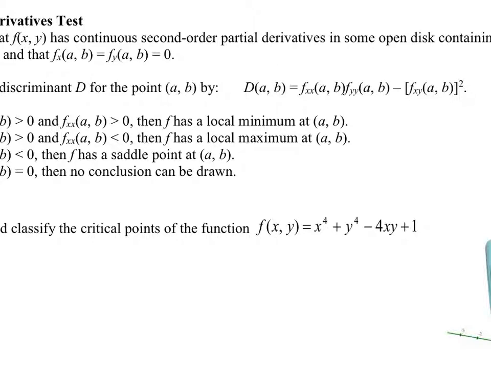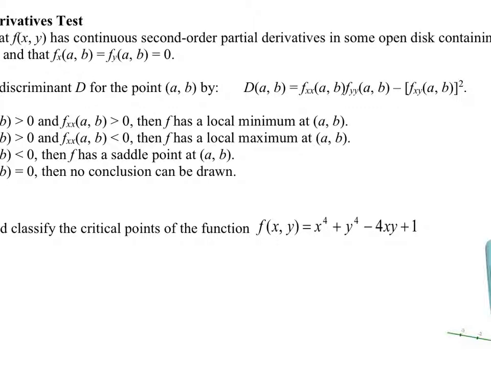Once we get that value, it's kind of like discriminant sort of from quadratic formula, where you have conditions associated with the type of value that you have. If your d is positive, and so is your second order partial with respect to x, then you have a local minimum at (a, b). If only the d value is positive, but the second order partial with respect to x is negative, then it's the local max.